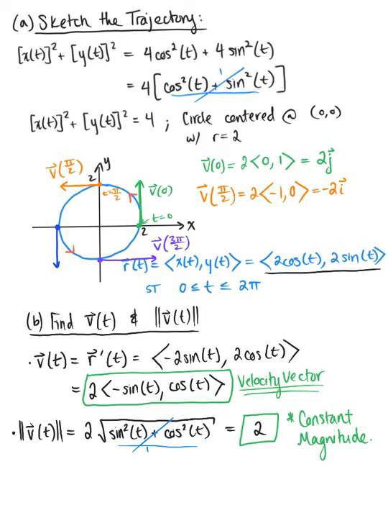And the previous one, this is our velocity vector at pi. So it's a vector of length 2 pointing in the negative y direction. So we can make a little love note here to ourselves that the velocity vector is always changing direction. So it has a constant magnitude, but the velocity vector is always changing directions. So it is continuously changing directions.